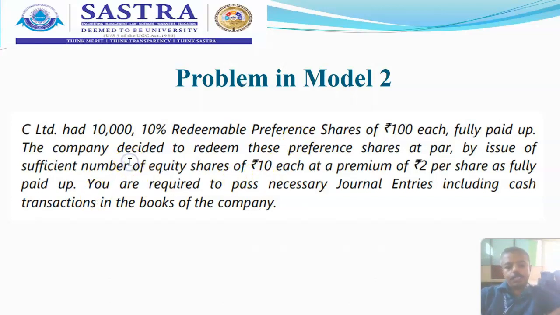I hope you understand this better, and now let me reveal the solution part. Till now I explained the journal entries to be passed for the purpose of redemption, along with the first issue of equity shares.